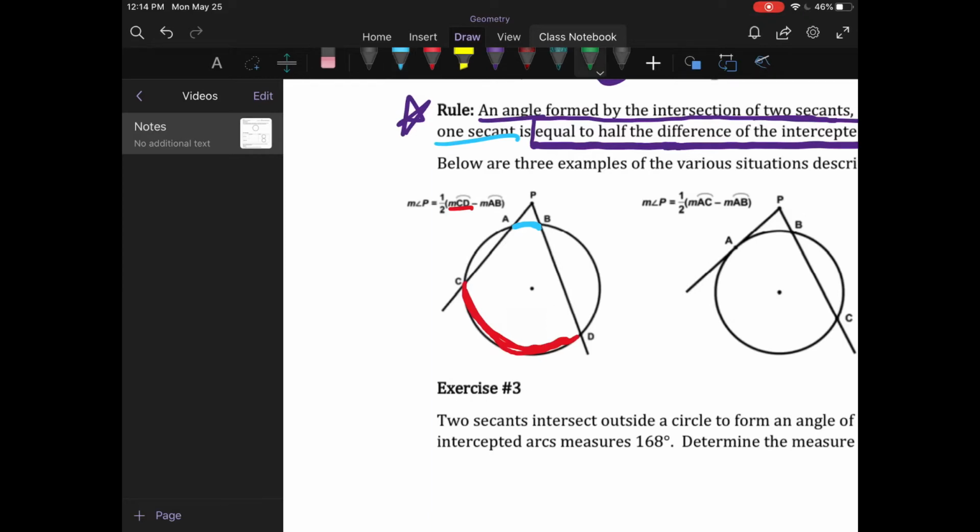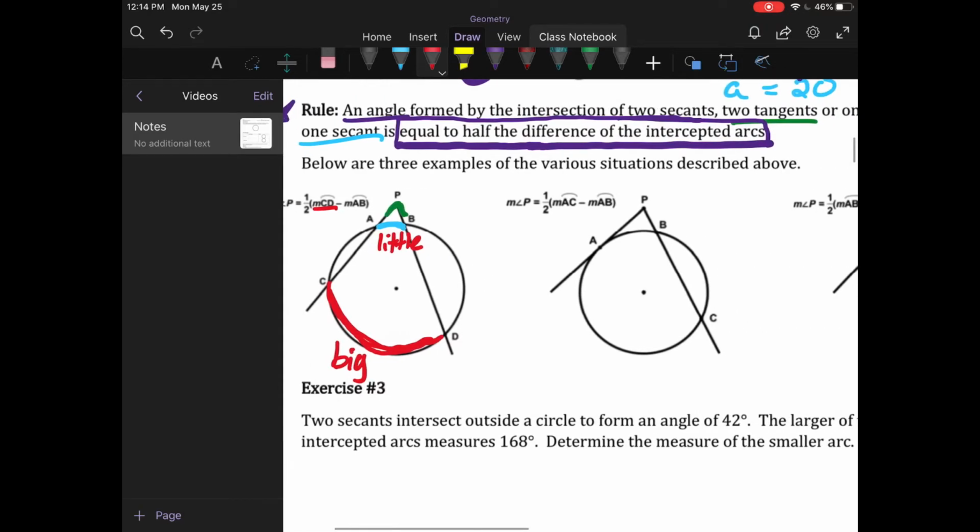And angle P, which is this right here, is going to be half of the big arc minus the little arc. And if we look at the next one, we're actually going to have the exact same thing. AC is the big arc, and then AB is the little arc. And it's the arcs that are formed by the 2 lines going through it.